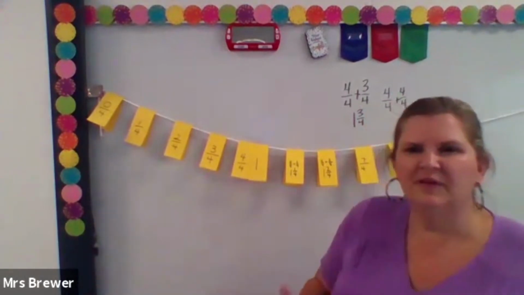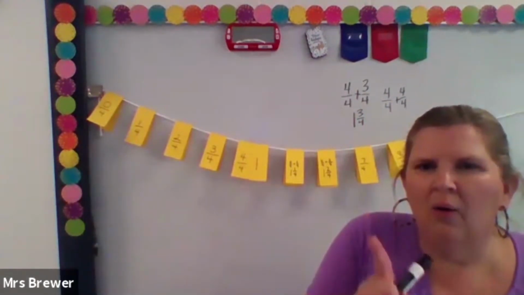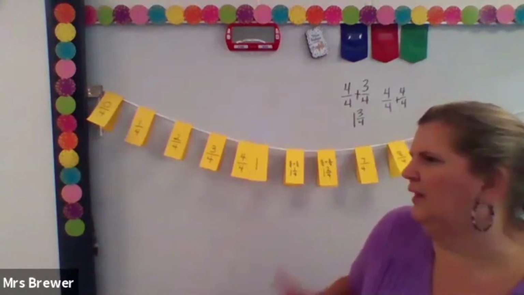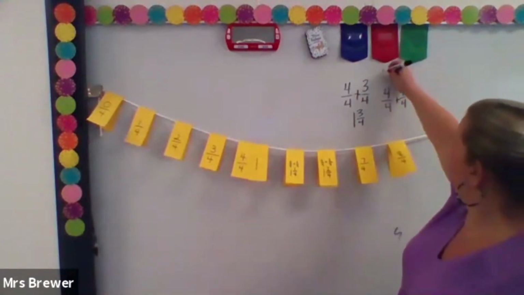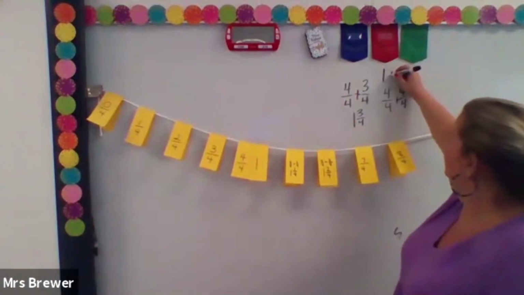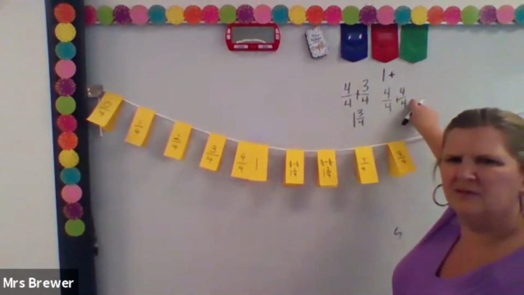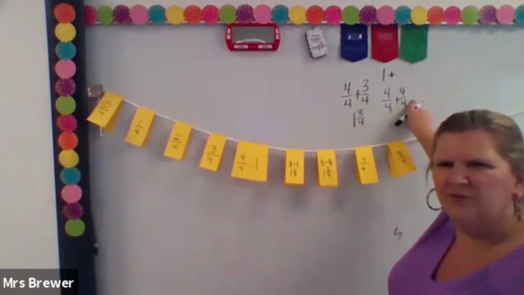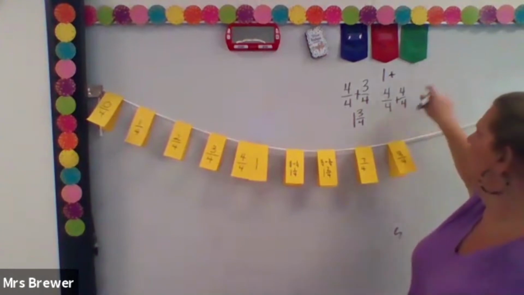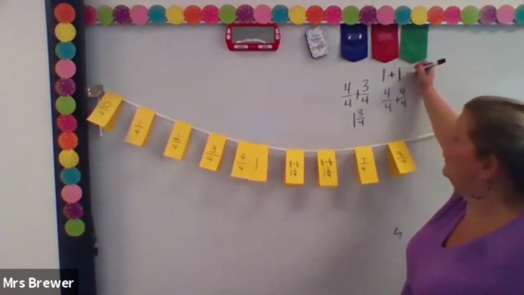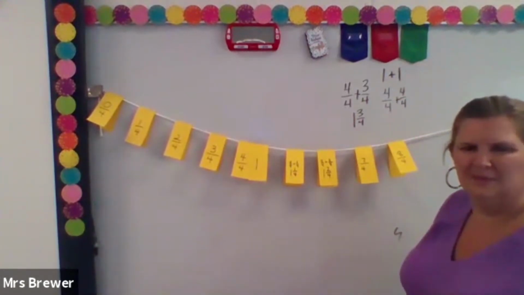Oh, you're right, boys and girls. 1 whole. Okay, so up here where it says 4 fourths, I can just write 1 whole, right? Plus, oh, I have another 4 fourths. What is 4 fourths equivalent to again? Oh, 4 fourths is still equivalent to 1.